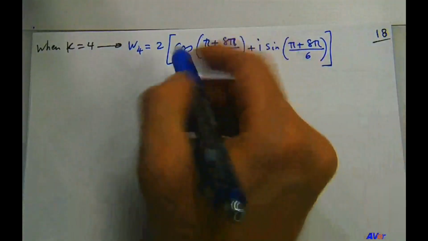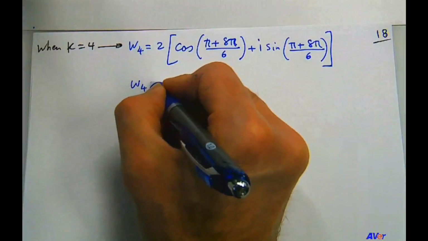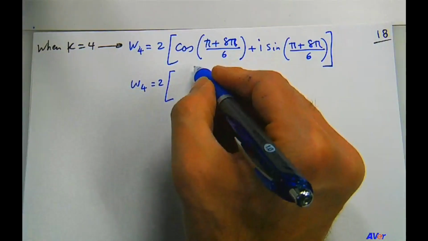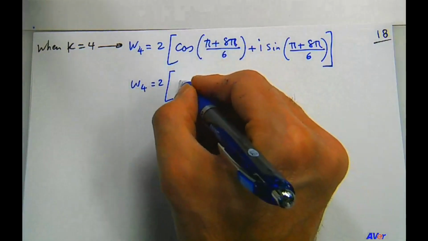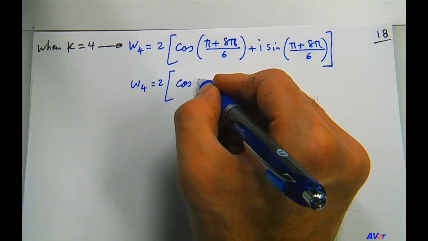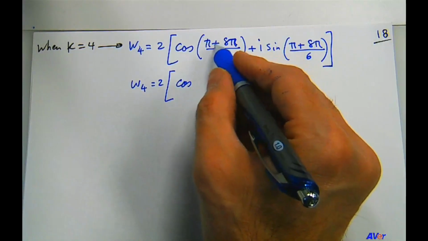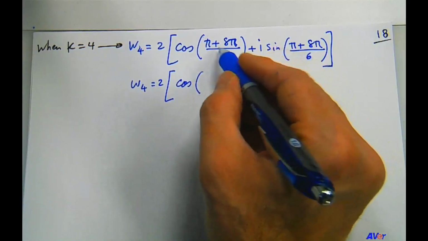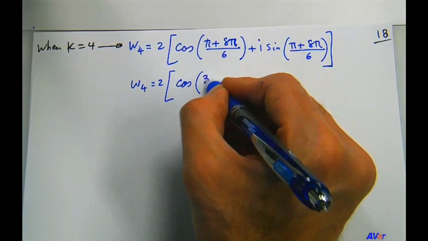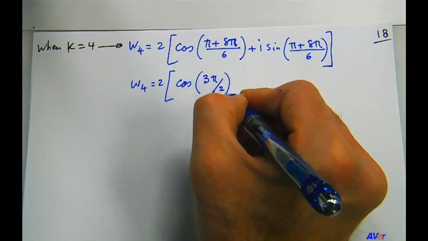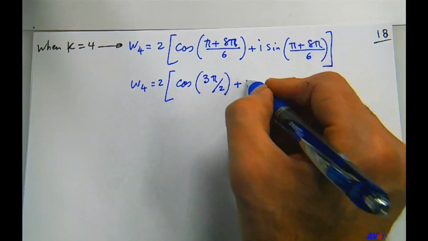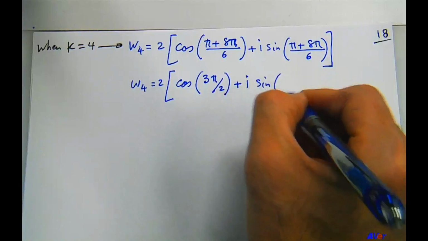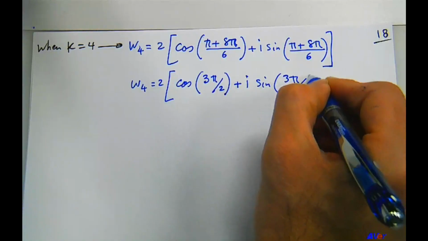Okay, so now W4 is equal to 2 times cosine of, this will be 9 pi over 6, but let's simplify it as we go along. So 9 pi over 6 will be 3 pi over 2, plus i sine of 3 pi over 2.